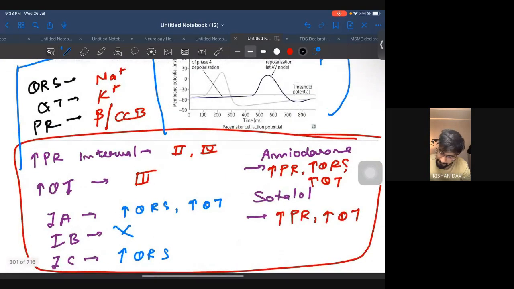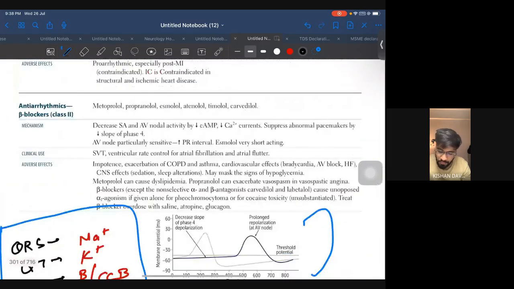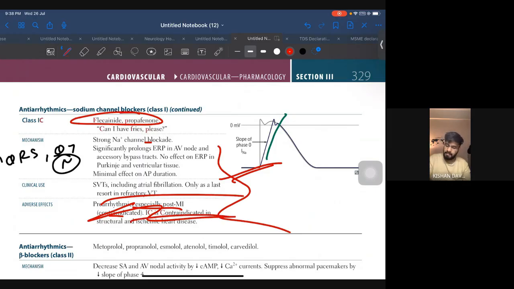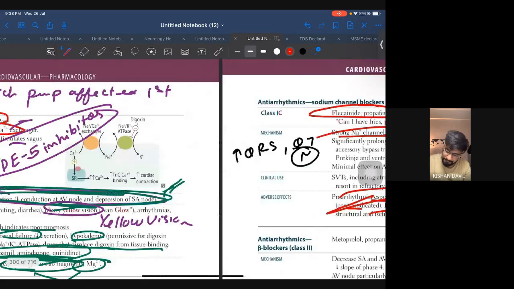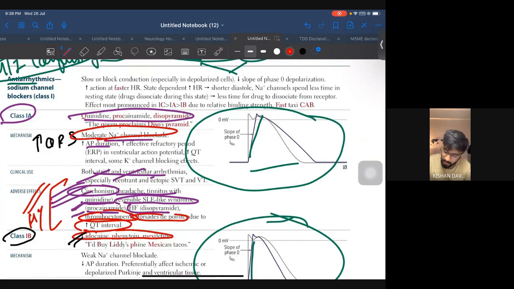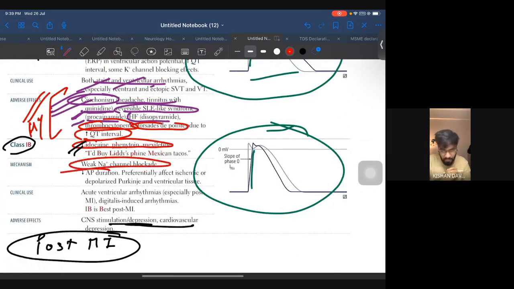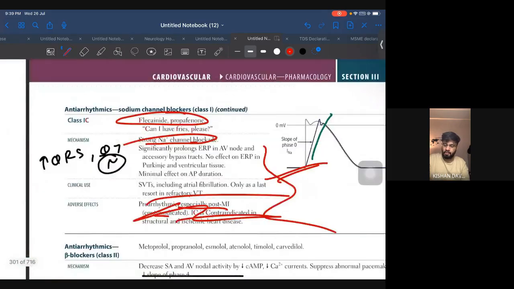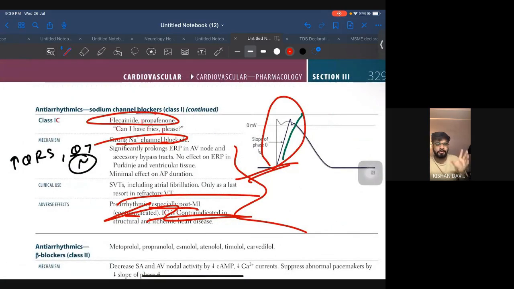Only QRS increases, QT will be normal. Remember the drugs and this diagram, especially post MI. Just remember strong sodium channel blockade, moderate sodium channel blockade, weak sodium channel blockade. You can see how much displacement happens based on the strength. This is all you need to remember for antiarrhythmic type 1.